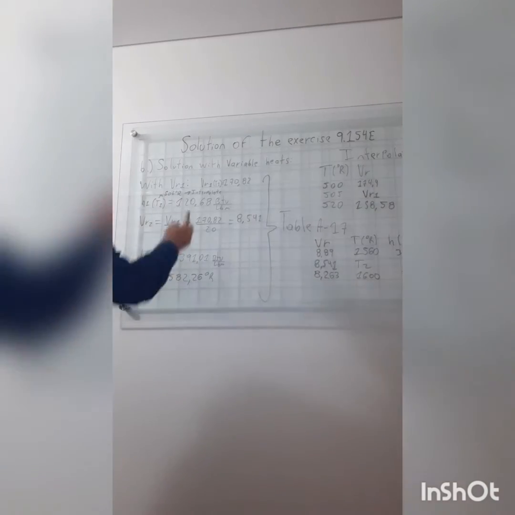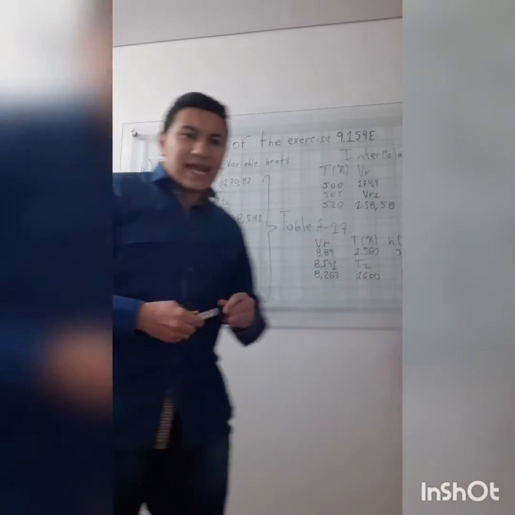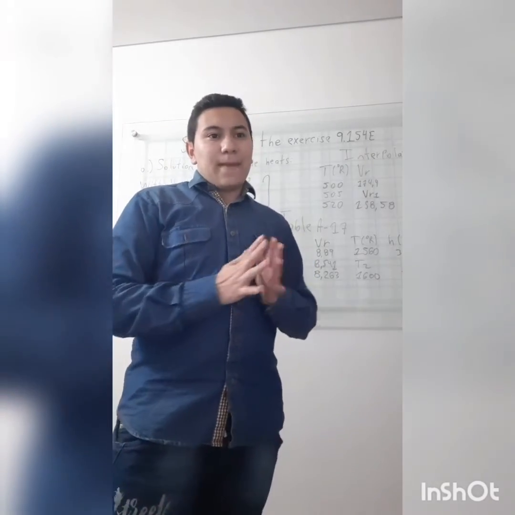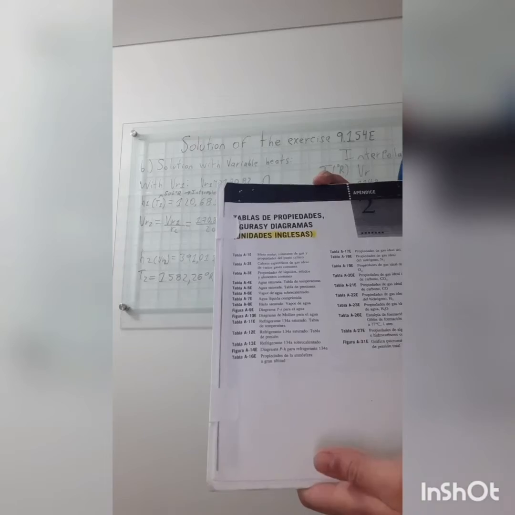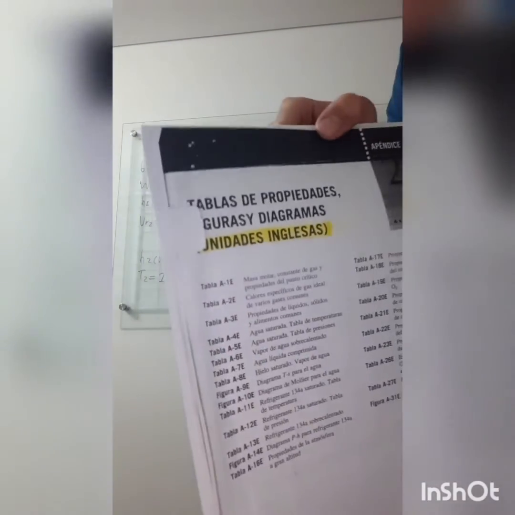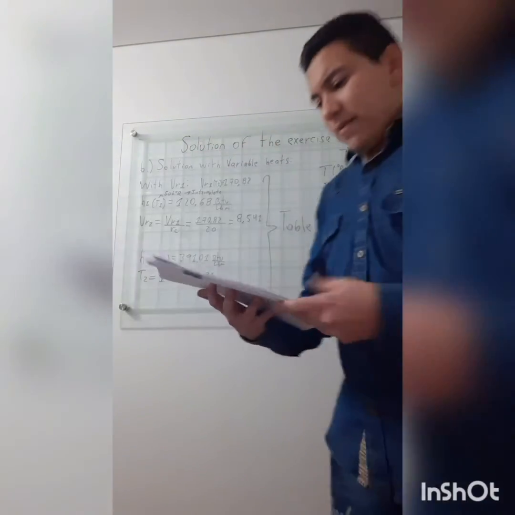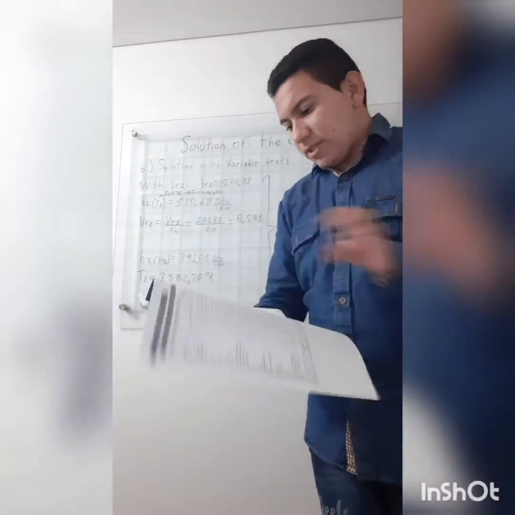In this part, we are going to use a different analysis. For example, we are going to try to focus this table. It's in Spanish, but these are the tables, yes.